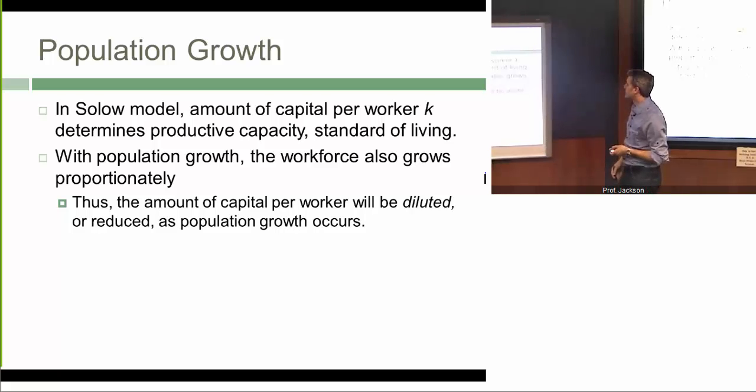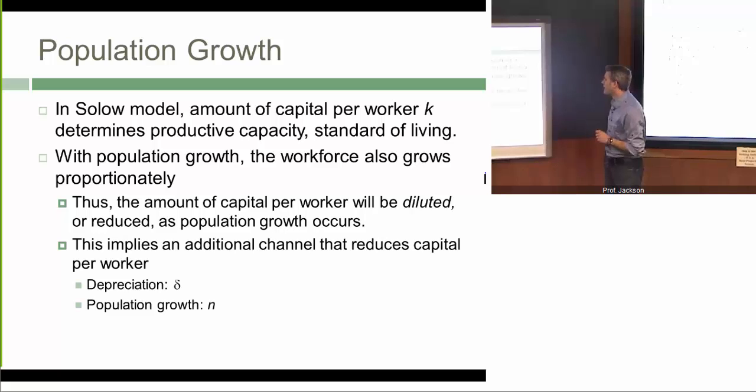And so you have this dilution of the capital stock as a result of population growth. And so this implies an additional channel through which we can reduce the amount of capital per worker. As before, we talked about depreciation reducing the amount of capital per worker, but now we have this population growth as an additional way in which the amount of capital per worker is being reduced.